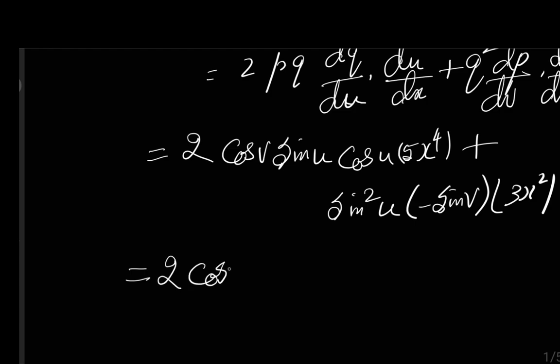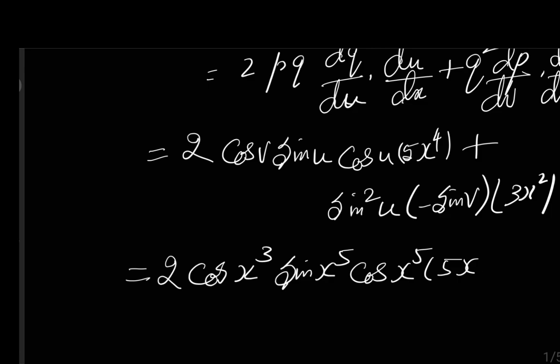So what is v? V is equal to x³. What is u? Sin x⁵, then cos x⁵ into 5x⁴, plus, you can remove this minus here, because here we have minus. Sin squared, what is u? X⁵.